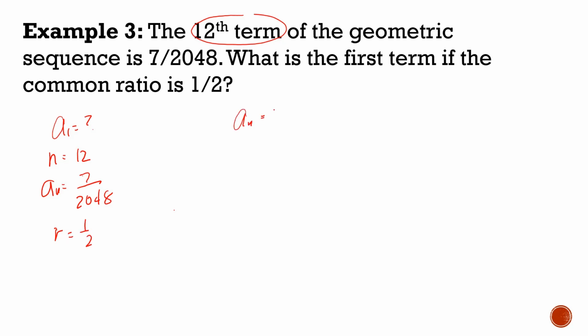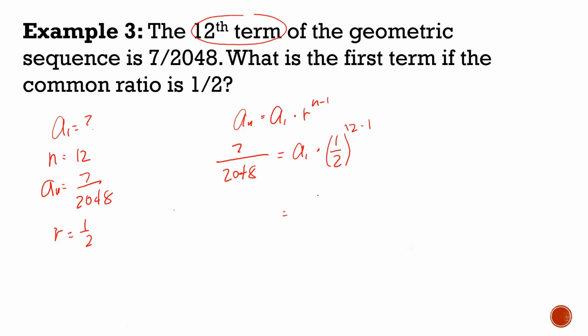So an equals a1 times r raised to n minus 1. So our an is 7 over 2048 equals, we don't know the first term. Our common ratio is 1/2 raised to 12 minus 1, right?